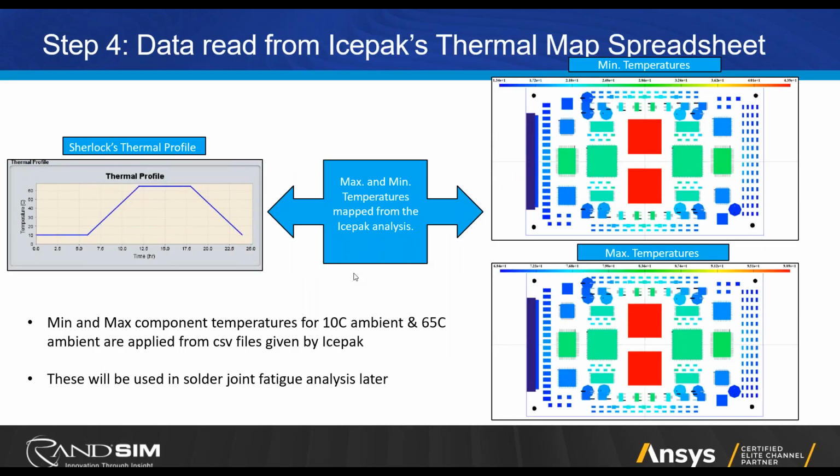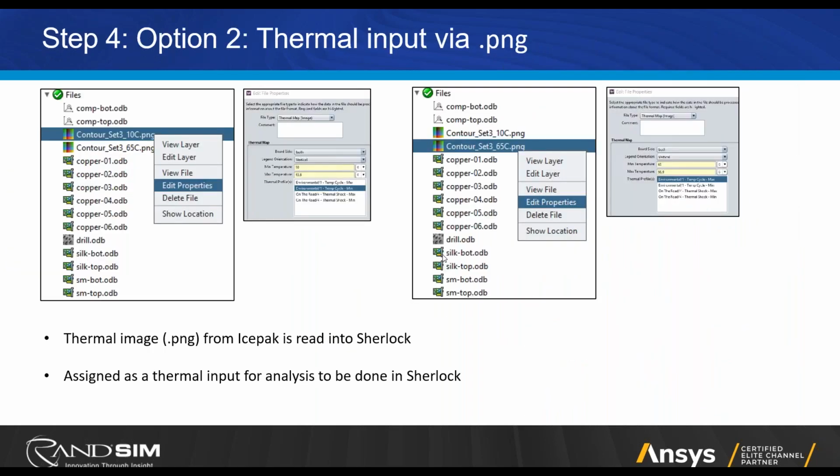So once the simulation is complete, you will see the maximum and minimum temperatures scaled by the electrical performance of the board, which had been simulated in IcePak. Another way you can do that is dragging in that PNG and then pointing towards the temperature cycle.